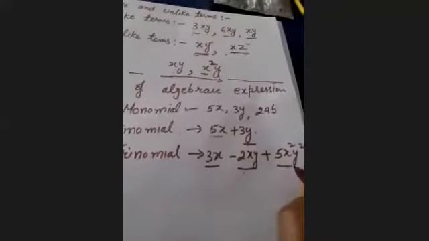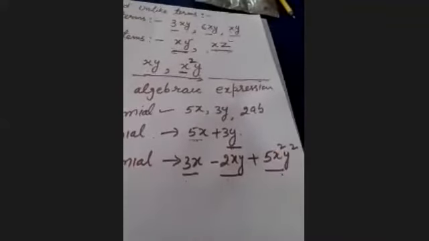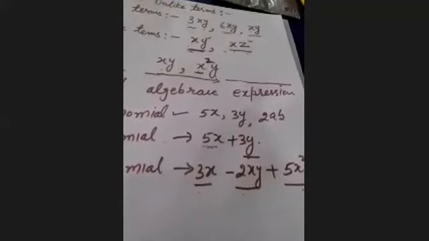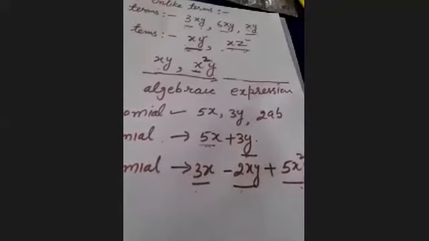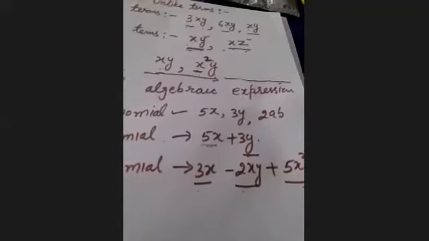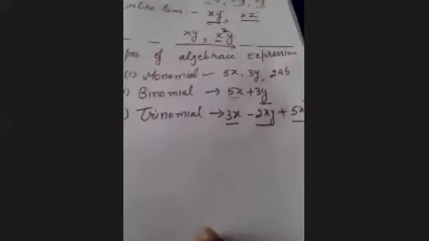All three terms are unlike terms. So these types of expressions are trinomials. Next is multinomials. Algebraic expressions having two or more than two unlike terms are known as multinomials. Clear, students?